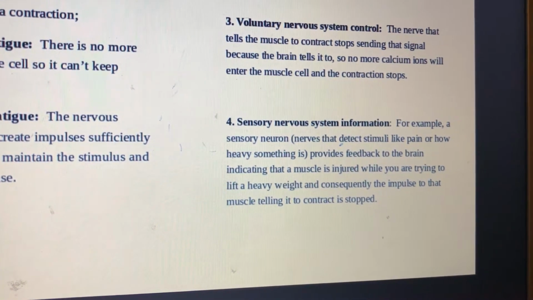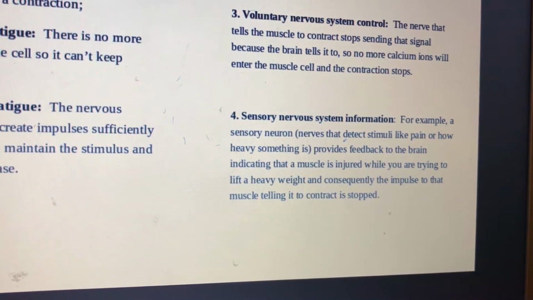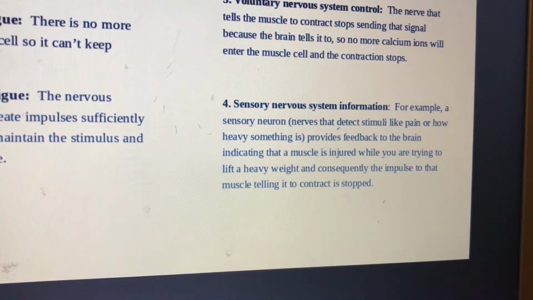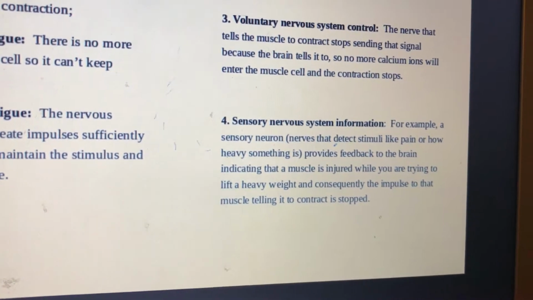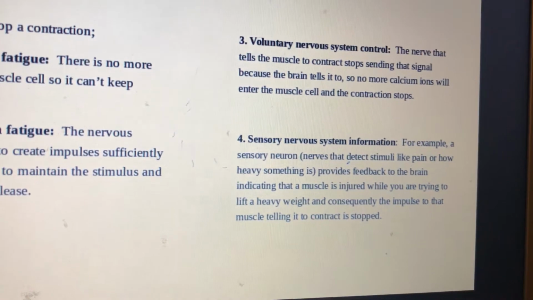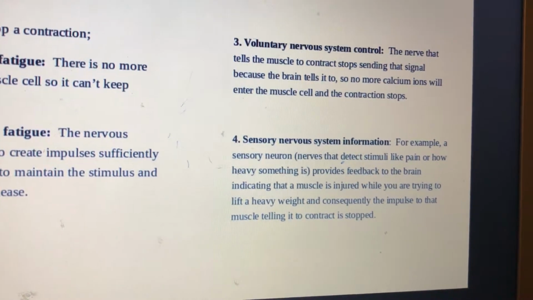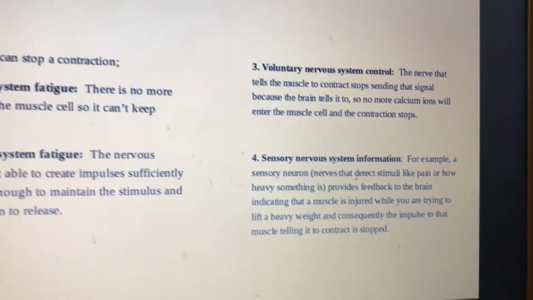An example of this is a sensory neuron, which is the nerve that detects a stimulus such as pain or how heavy something is, and provides feedback to the brain indicating that a muscle is injured while you are trying to lift a heavy weight, and consequently the impulse to that muscle telling it to contract is stopped.